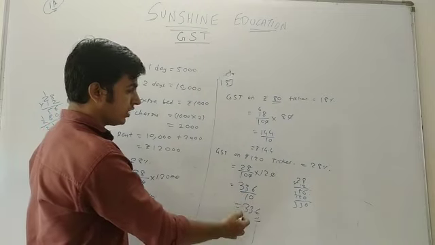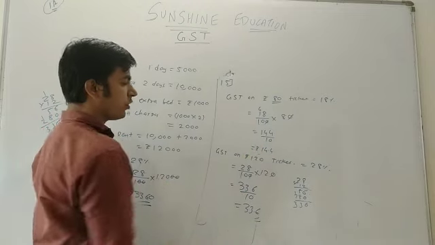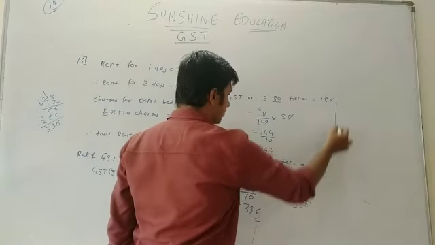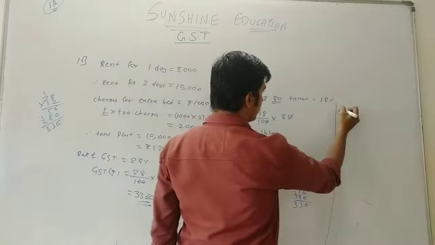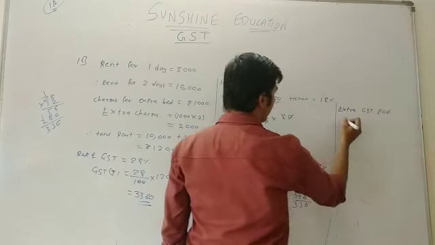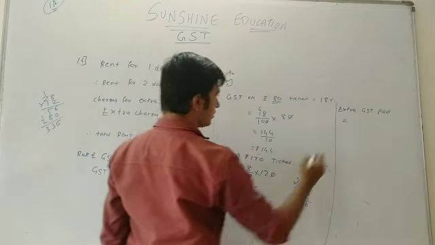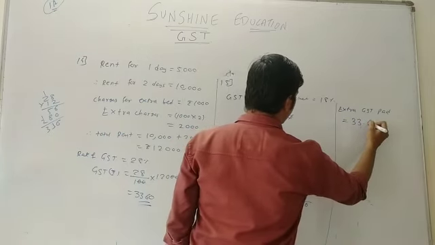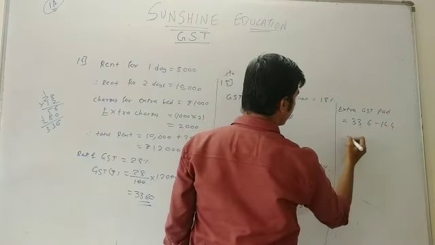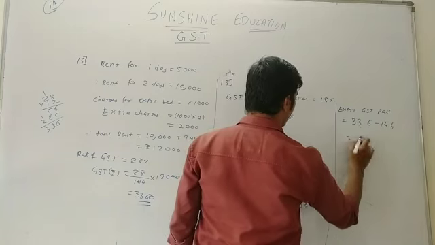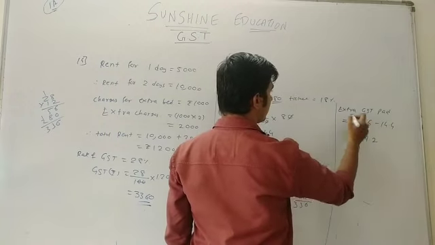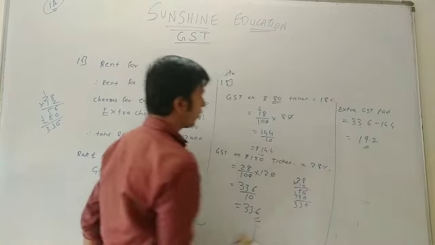So this is the GST paid by Mr. Ashraf, and he would have paid 14.4 if he had purchased a ticket of rupees 80. So what extra GST did he pay? Therefore, extra GST paid will be 33.6 minus 14.4, which is 19.2.